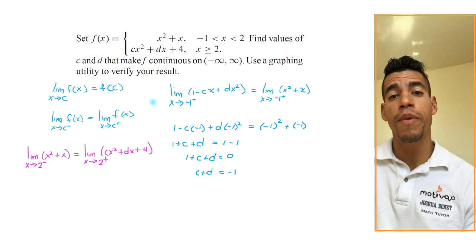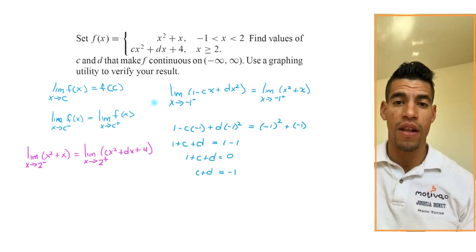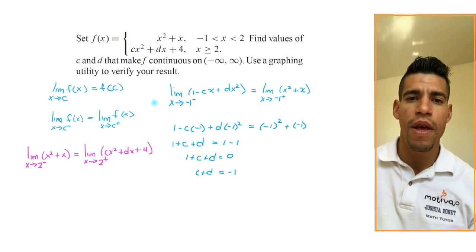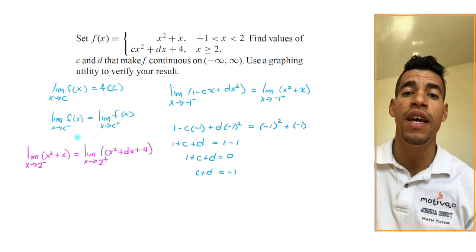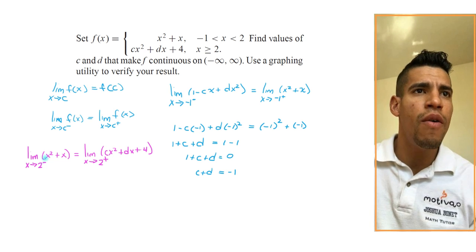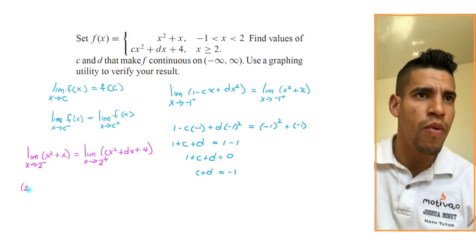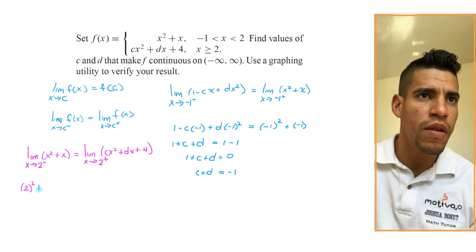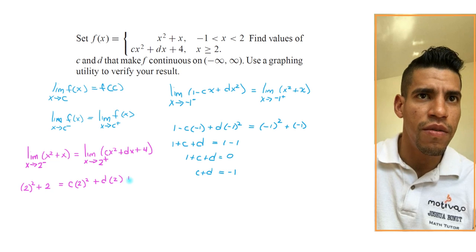There are going to be examples where the equality is outside of the inequalities, so there you have to be very careful. But in this problem, the equalities are already in the inequality. So now we plug in the values, so you get 2 squared plus 2 equals c times 2 squared plus d times 2 plus 4.